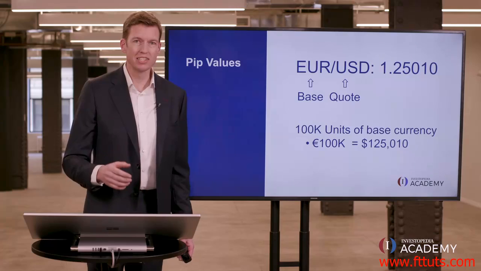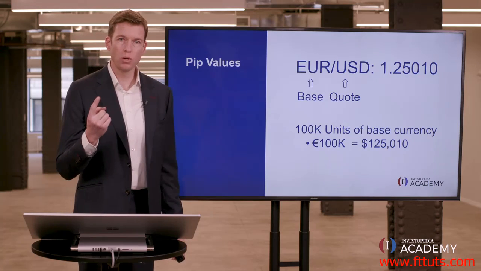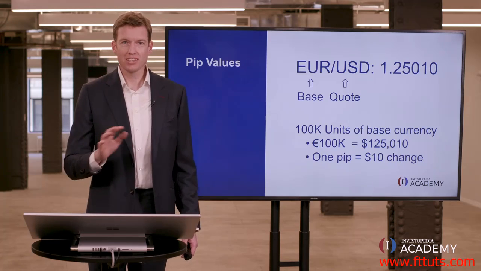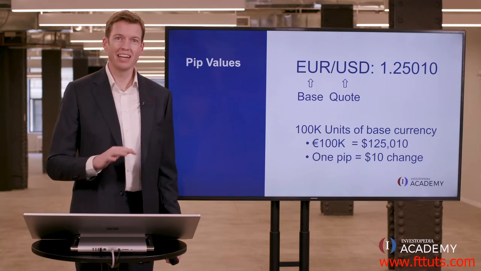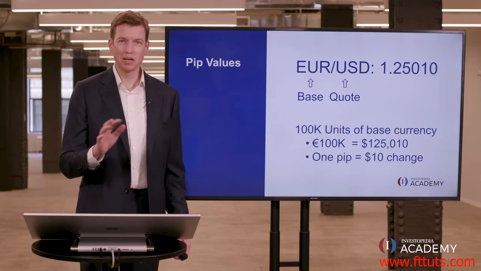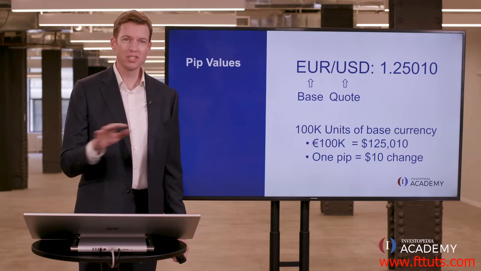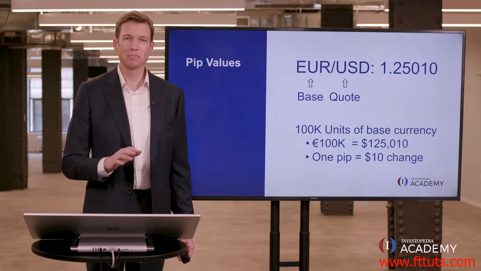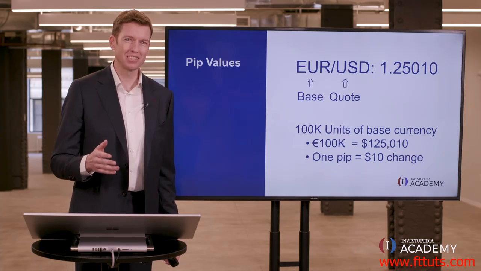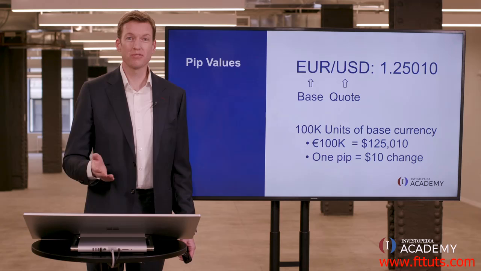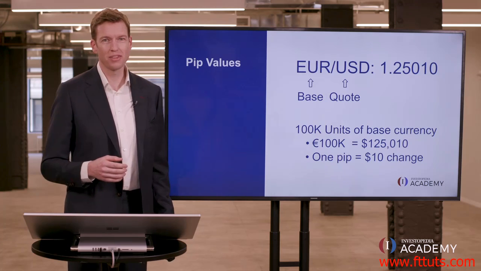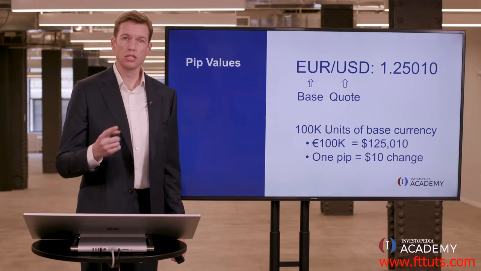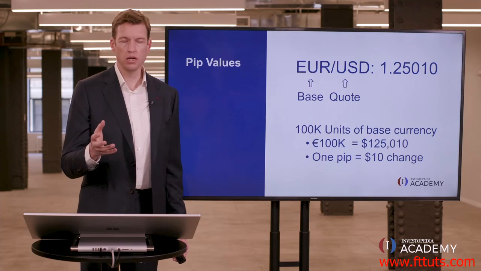So what that's telling us is that the value of 1 pip, in this case, is $10. Now this will change a little bit from one currency pair to the other, and how it changes sometimes requires a little bit of math, but fortunately the trading platforms, the charts and so forth, will do it for you. It's just important to understand where those numbers actually come from before we go too much further into trading strategies and so forth. So just remember that 1 pip's worth of value change, in this case, equals $10.